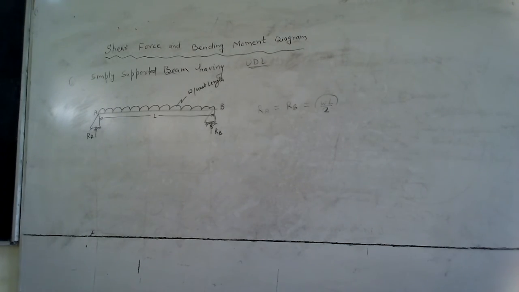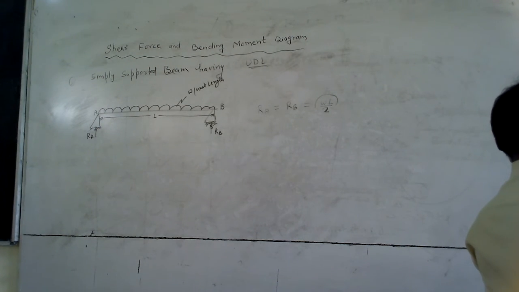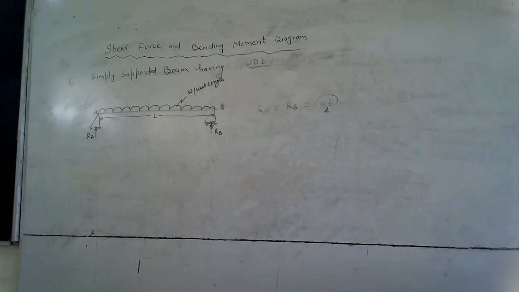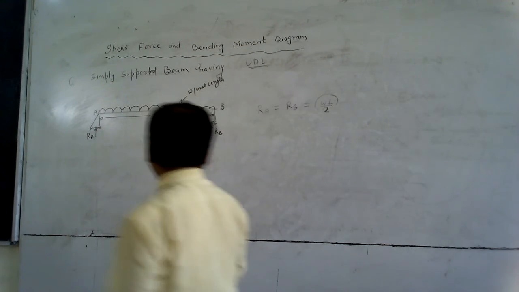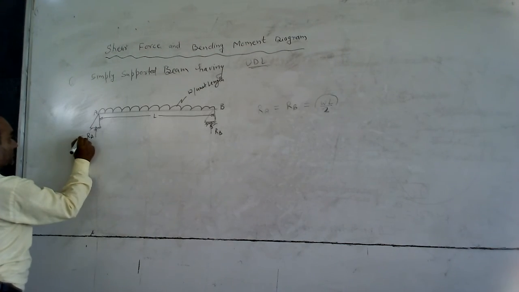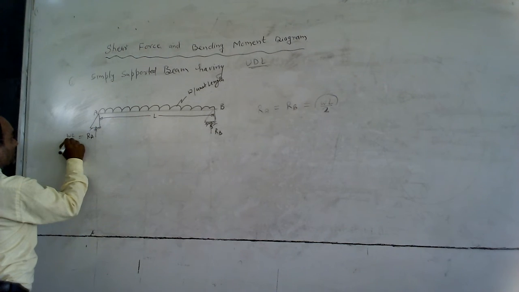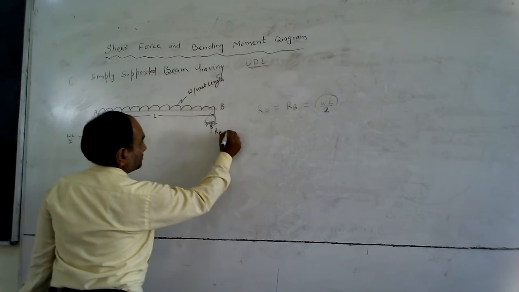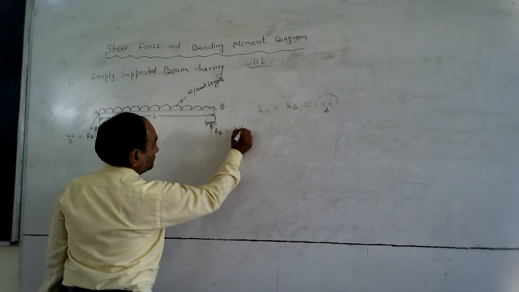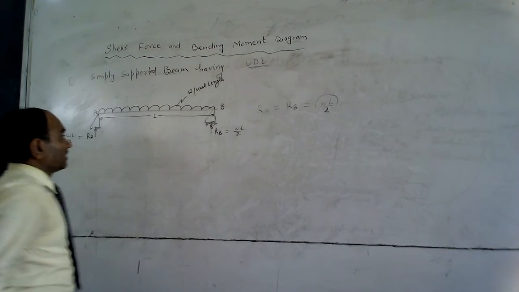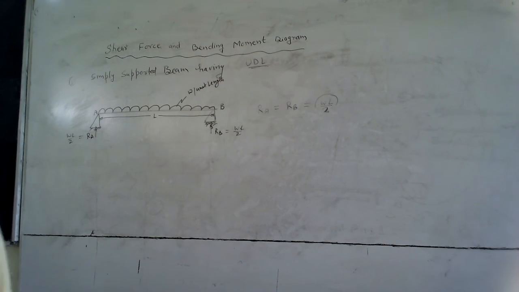In this way, we can easily calculate the support reactions RA and RB. So this is wL by 2, and here is also wL by 2.